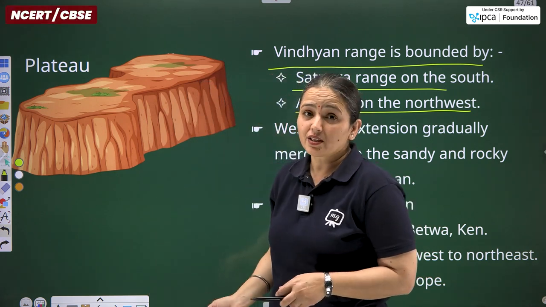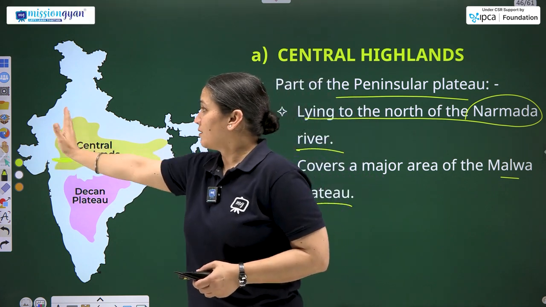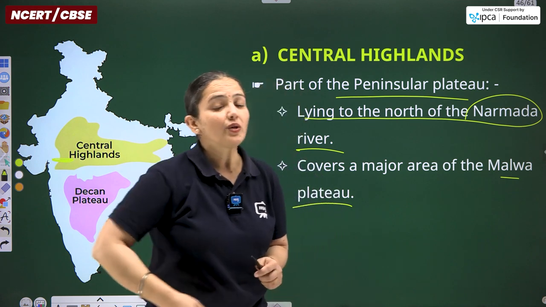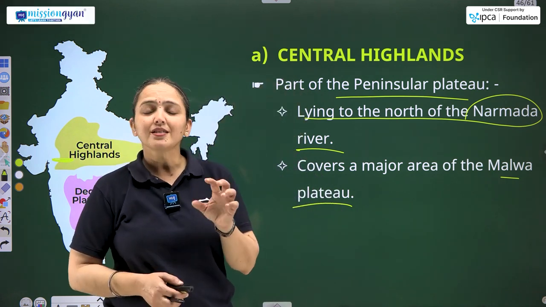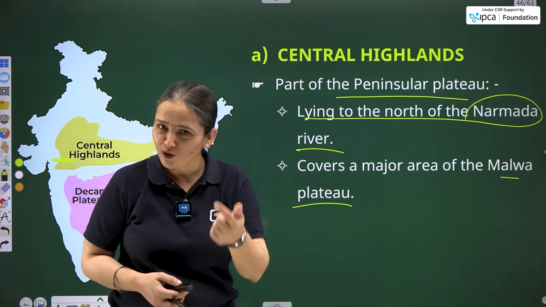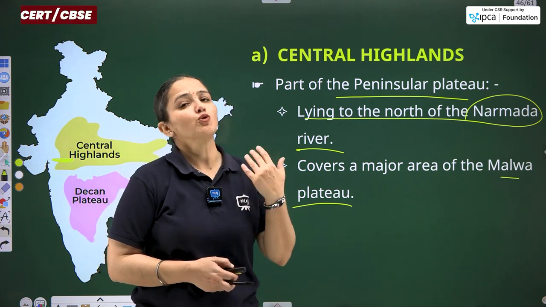On the west side lies the Aravali. Aravali mountain ranges are not new mountains, these are old mountains. Himalayas are the new mountains and also fold mountains. The oldest mountain range of India is the Aravali.